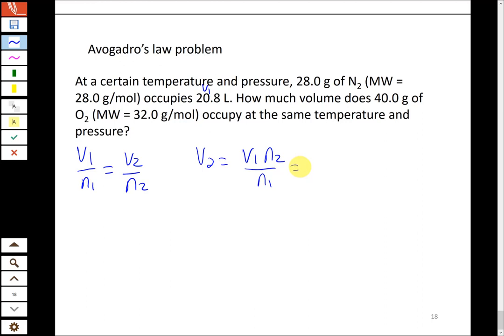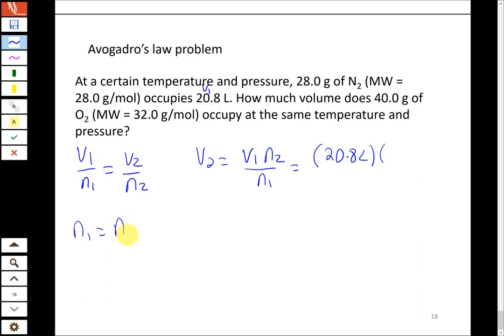All right, and so we're going to start plugging things in. So the initial volume, the volume of the nitrogen sample, is 20.8 liters. And then we just need the 2 numbers of moles of gas. So N1 is going to be the number of moles that corresponds to nitrogen, because nitrogen occupies the given volume V1.